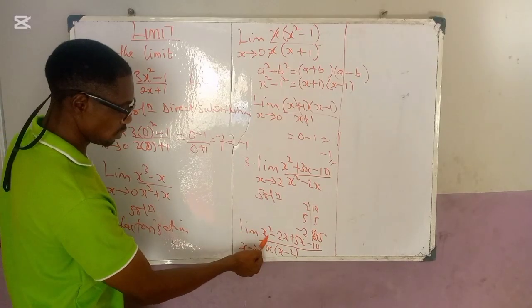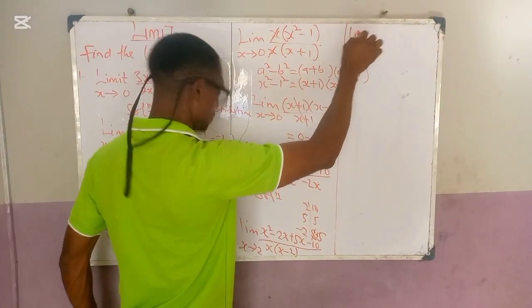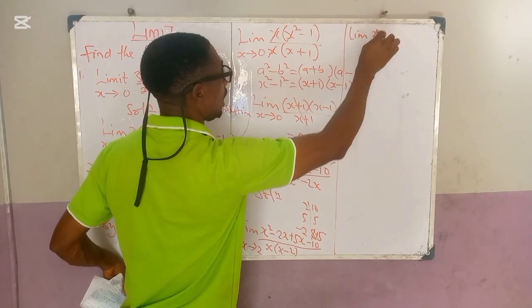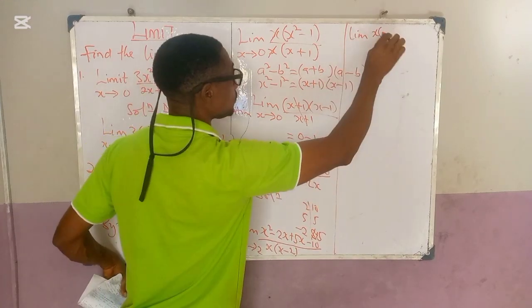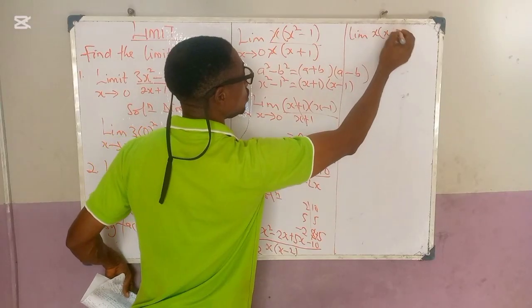Let's factorize this. What is common here? x here. So I have my limit, bring out x into (x - 2).